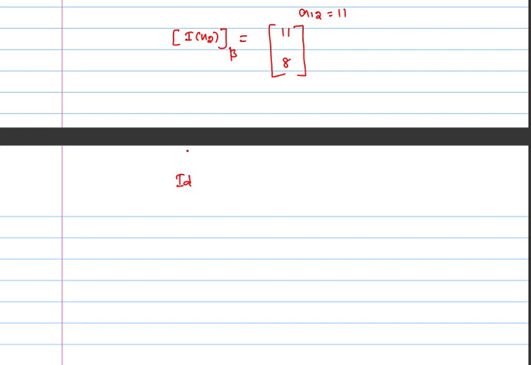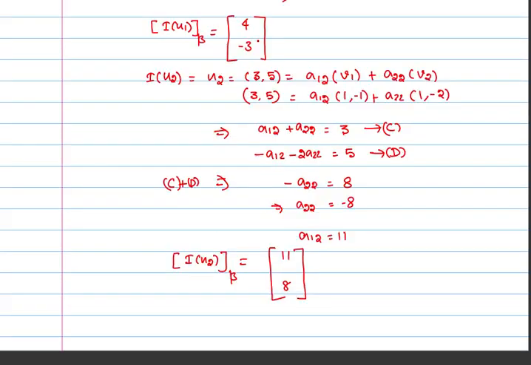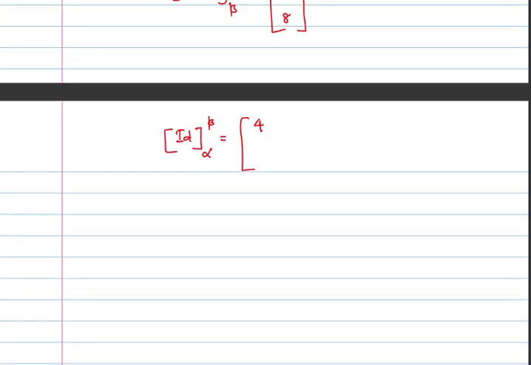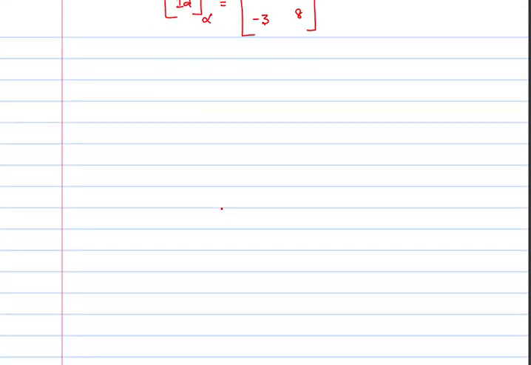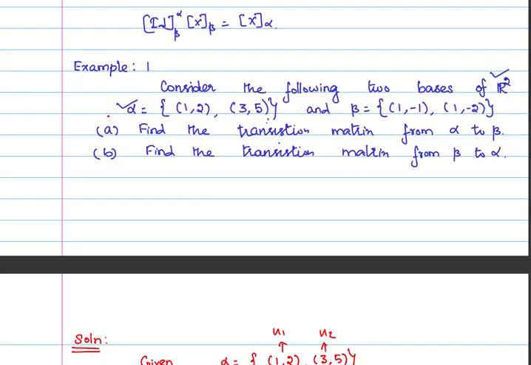So the transition matrix from alpha to beta has first column (4, -3), second one (11, 8). This is the transition matrix from alpha to beta. So that's why our first question is over, because we had to find the transition matrix from alpha to beta.